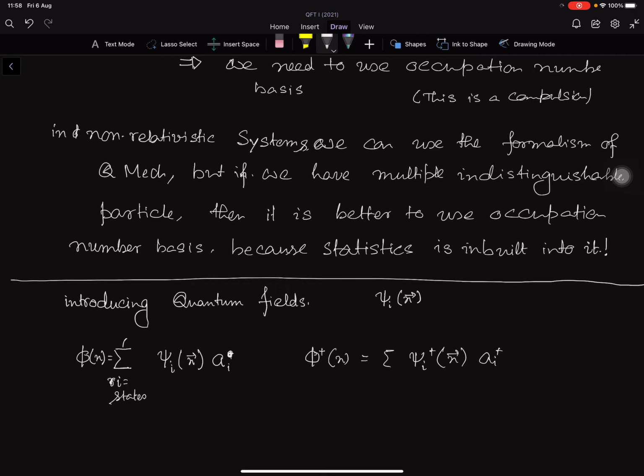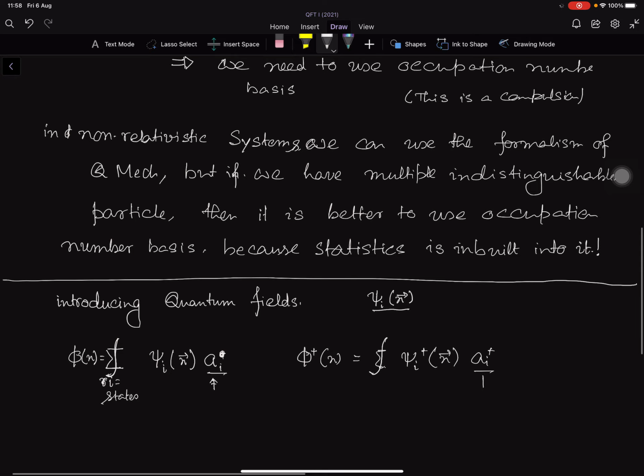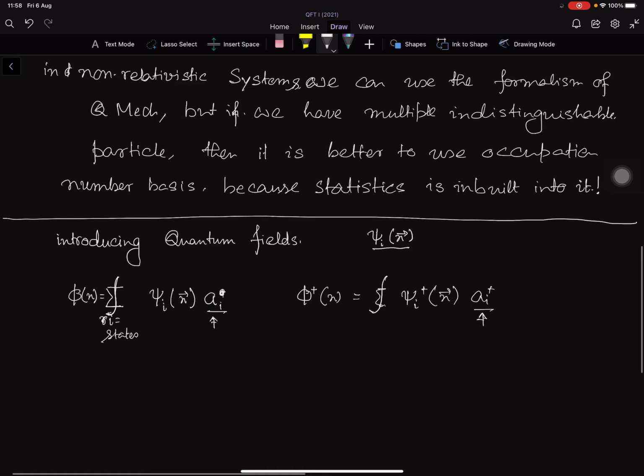We sometimes denote it this way: if it's discrete then it's a summation, if it's continuous then it's an integral. But it's basically an object we are constructing out of all the states of a quantum system by assigning each with a creation or an annihilation operator. This is the annihilation, this is the creation operator. And this object that we have defined at this point ad hoc is called a quantum field.